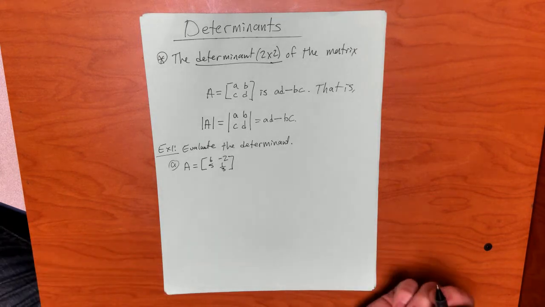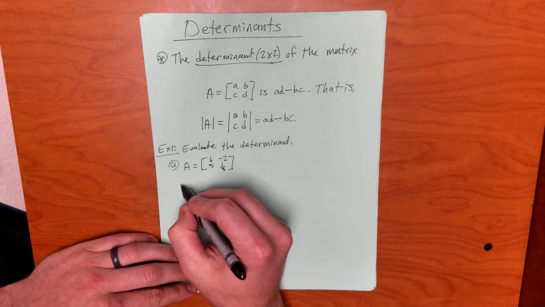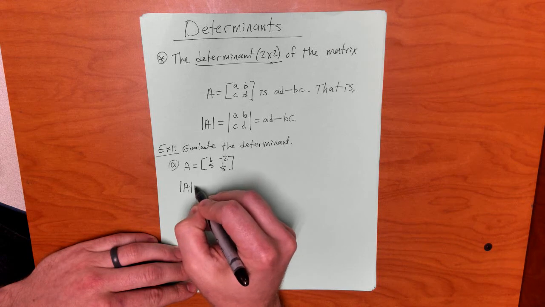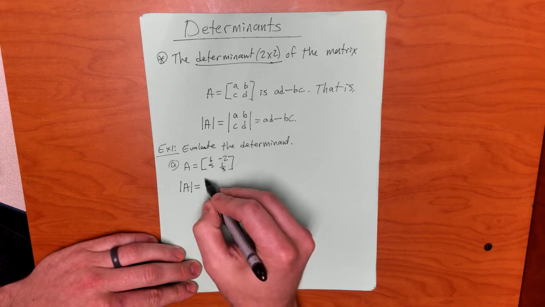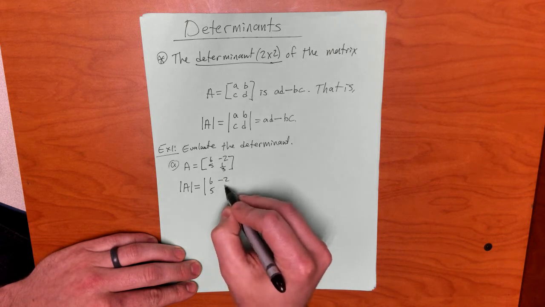Alright, so what I want to find, or what I want to determine, is the determinant of A. So then I can rewrite my matrix as the determinant with the vertical lines.